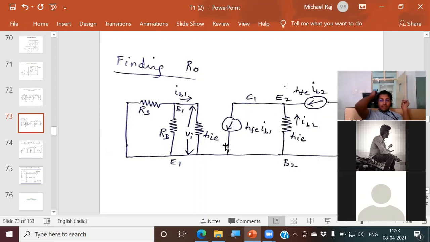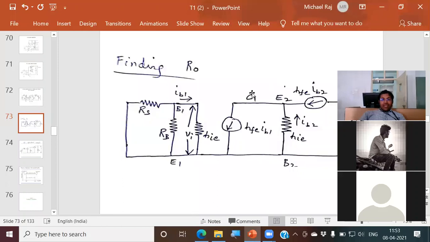Only two resistors, and the current flowing through these two resistors is the same, IB1. So one of you please give me the KVL equation here. Fast please. Anybody?